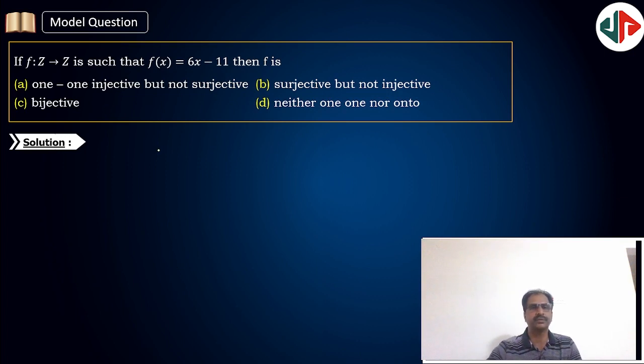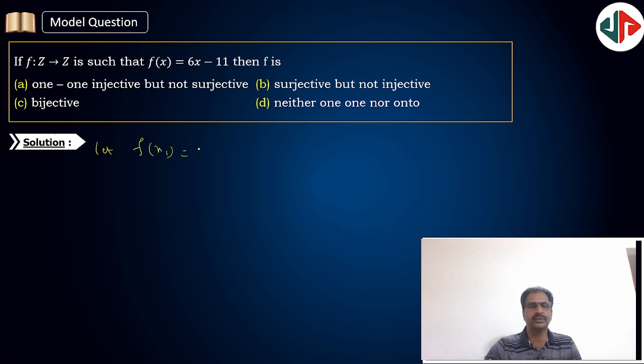Next, f maps Z to Z such that f of x is 6x minus 11. Then is f one-one or onto? You need to check. Take any integers. How to check whether the function is one-one or not?